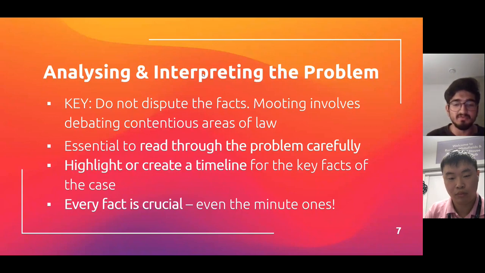Another thing with mooting is that oftentimes the minute details in the case can make a big difference. So picking up on anything which you think is relevant or important is really beneficial, and it can help build a very strong argument when it comes to the argument formation stage.